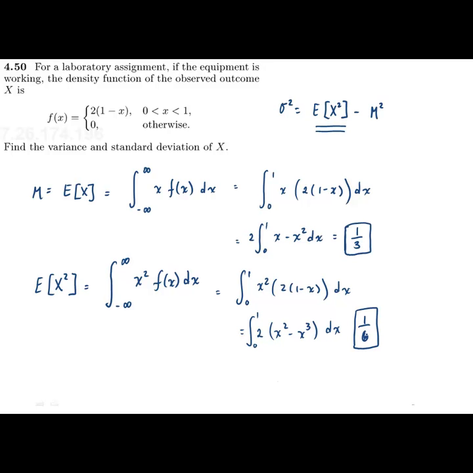So now we have everything we need to get the variance. So the variance equals 1 over 6 minus 1/3 squared, and this equals 1 over 18.